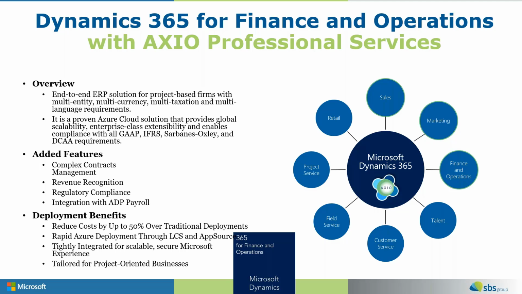We have all the enhancements and the modules in place, which helps you easily set up and structure those contracts and manage them throughout the life cycle. That includes contract setup, contract billing, contractual adjustments, the billing and revenue true-up, revenue recognition, and throughout the life cycle, whatever you need to do within the contract.